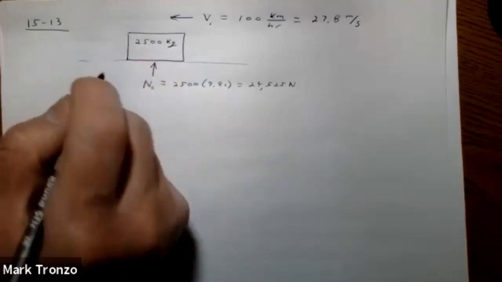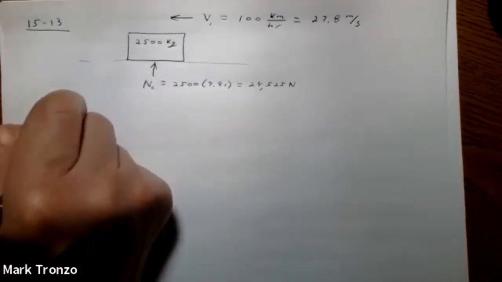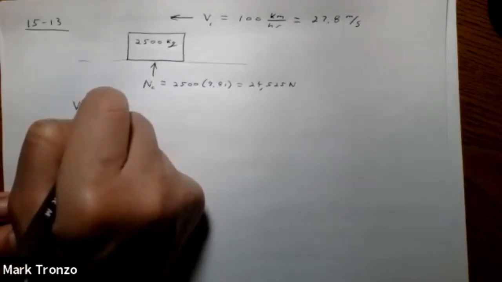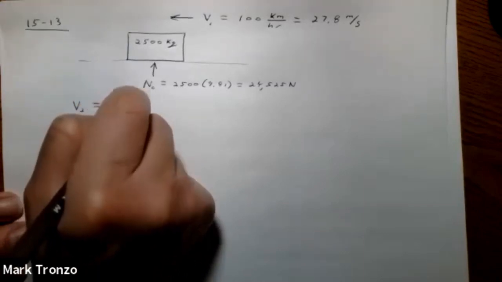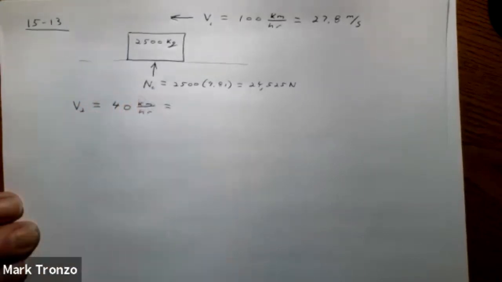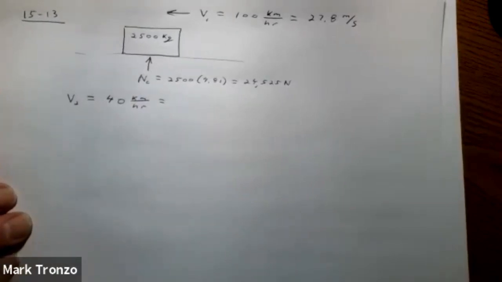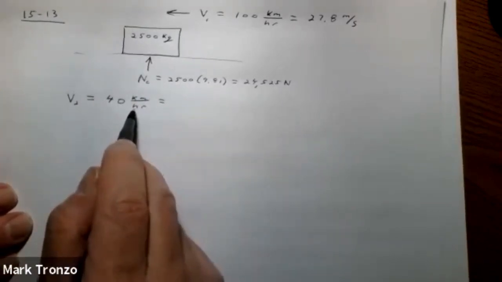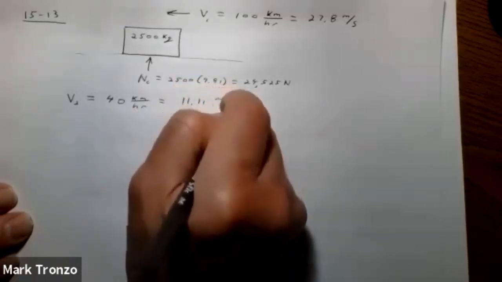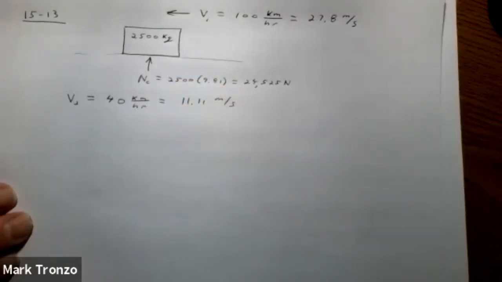So the final speed is going to be 40 kilometers per hour. Again, that's 40,000 meters an hour. If you divide this by 3,600, we get 11.11 meters per second. So that's going to be our final velocity.